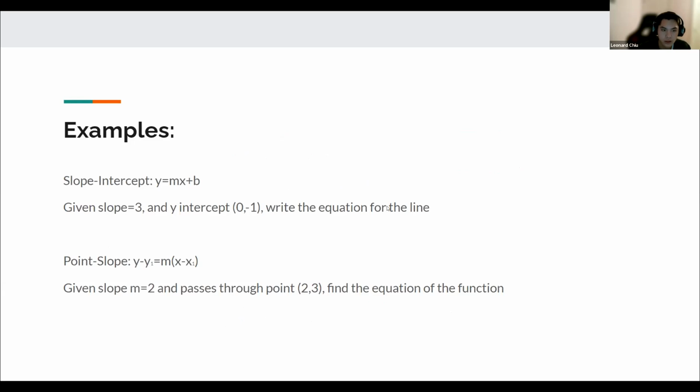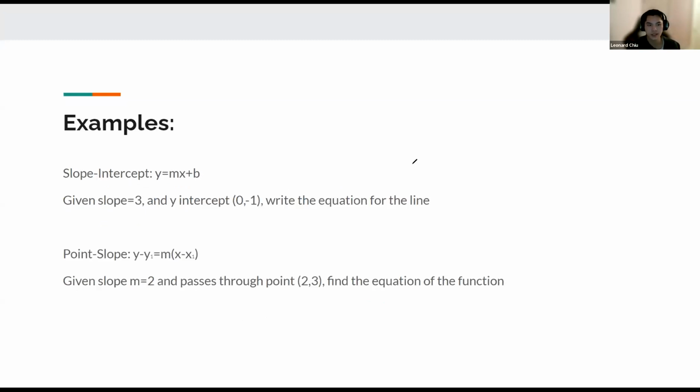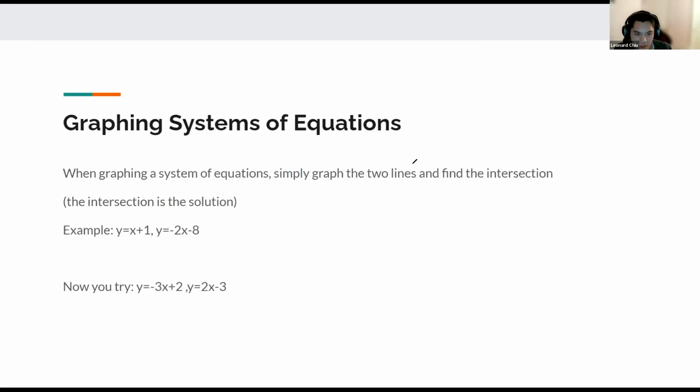Next. Okay, so let's graph systems of equations now. When you graph systems of equations, it's basically the same as graphing y equals mx plus b points, but now there's 2 of them.